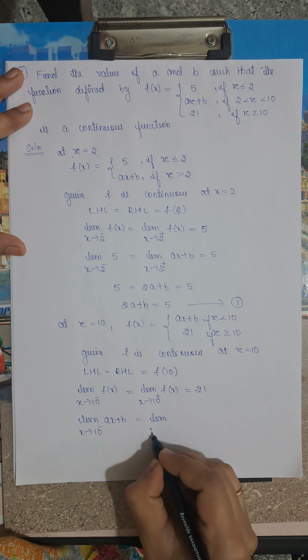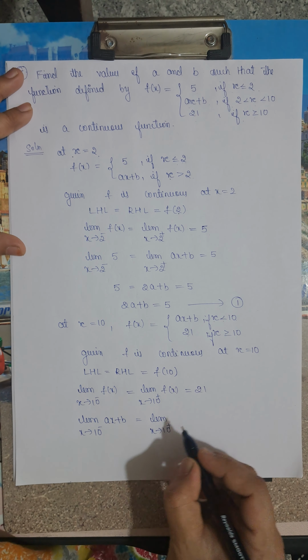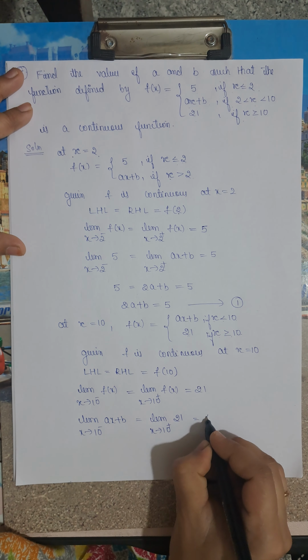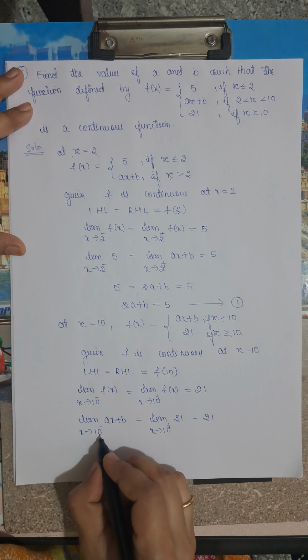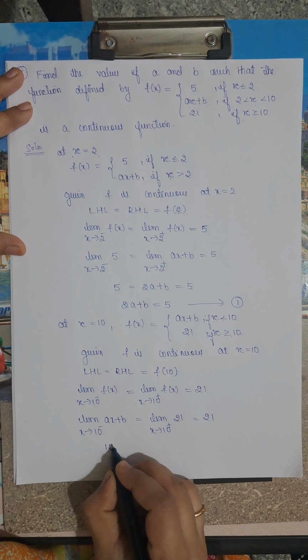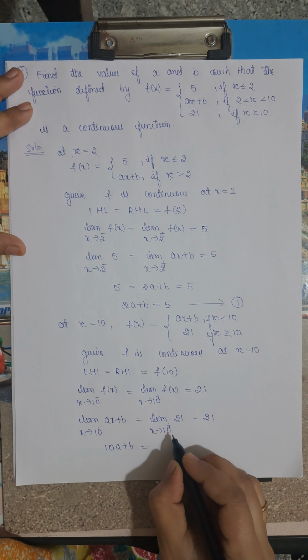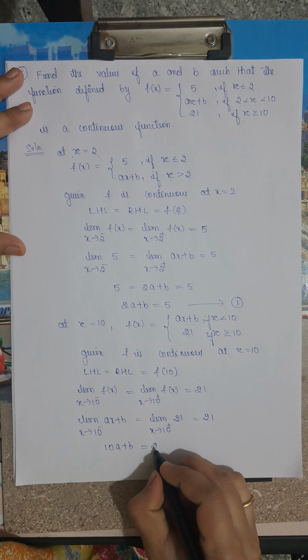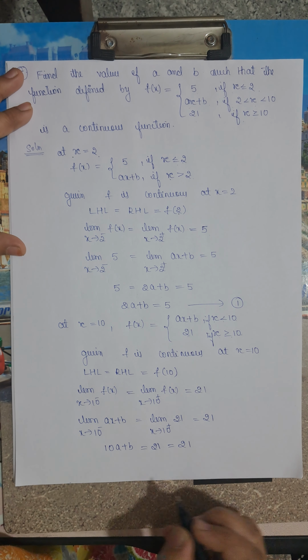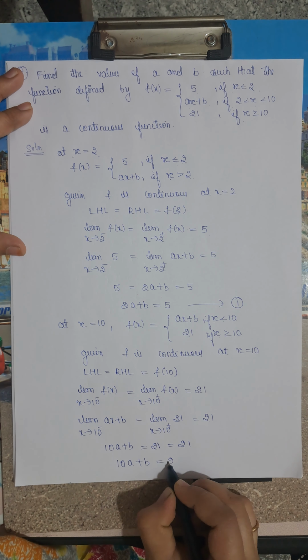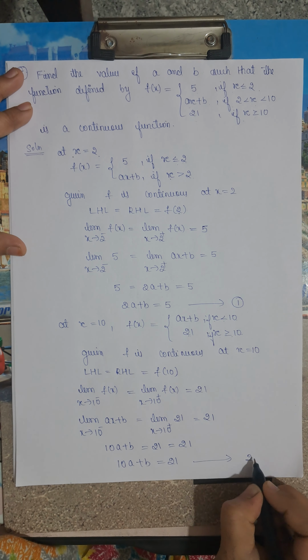The limit as x tends to 10 plus means greater than 10, the function is 21. Now let us substitute the value 10. We'll get a into 10, that is 10a plus b, equal to the limit of a constant, which is the constant itself, that is 21. So we are getting 10a plus b equals 21. Call it equation 2.